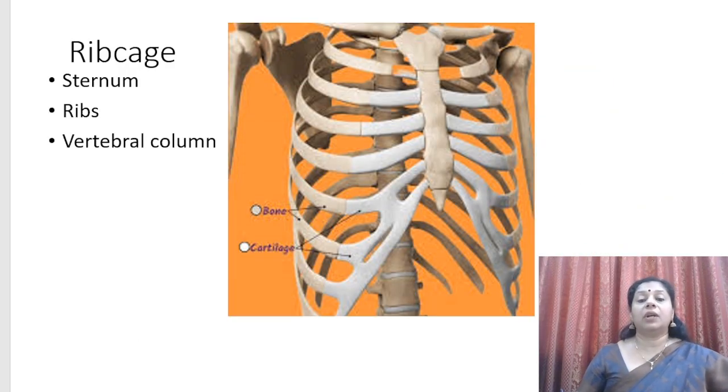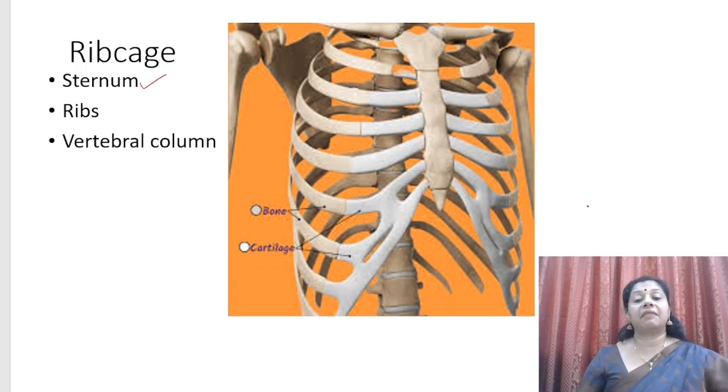Next we are talking about the rib cage. There is a slight difference between ribs and rib cage. These bones are only called ribs, but the total structure is called a rib cage. So what are the parts of our rib cage? We have the sternum.